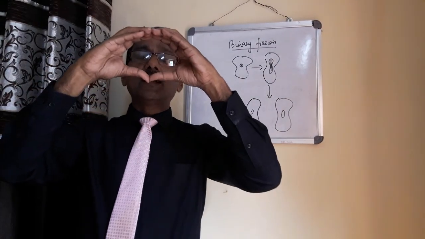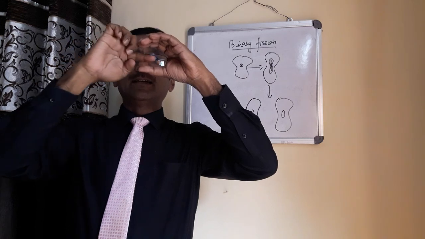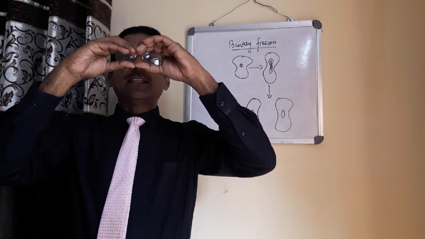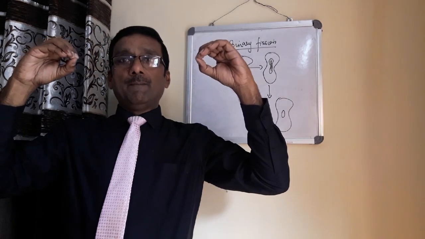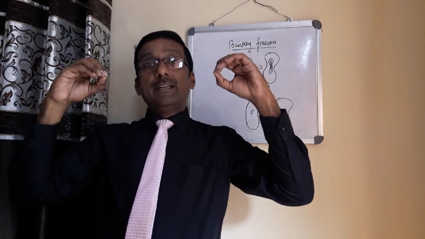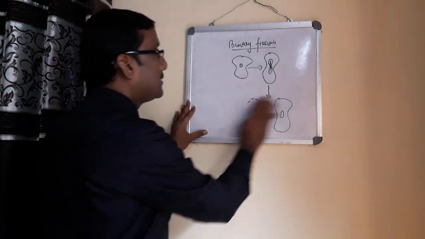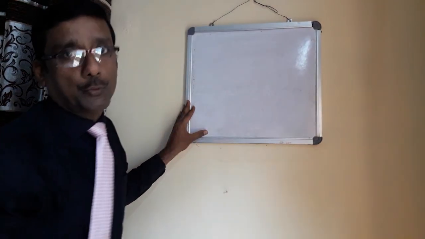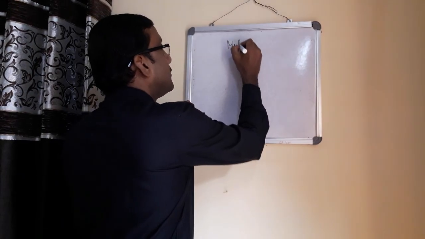Inside the cell, the nucleus elongates, and it starts breaking into two equal parts. This is how the amoeba divides, and this method is known as binary fission. Fission means splitting of 1 into 2. That is binary fission. The second one is multiple fission.